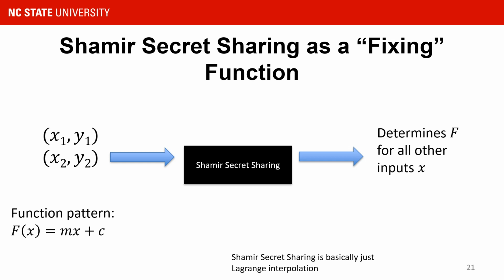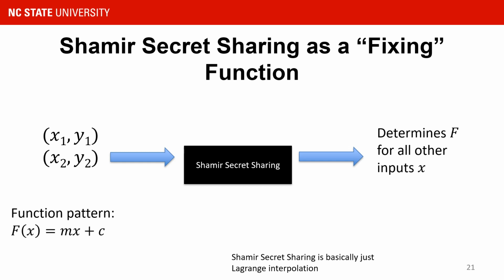Now, the next tool I want to talk about is Shamir secret sharing, which we use as a fixing function. I think a lot of people are familiar with the fact that 2 points define a line. So you can think of Shamir's secret sharing as a box that takes in 2 points and then determines the line, which I call f.